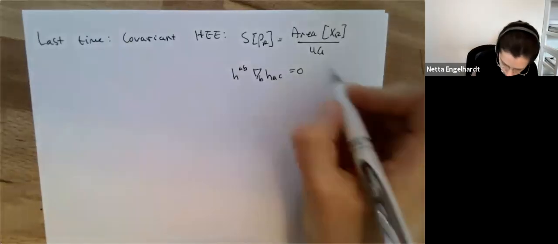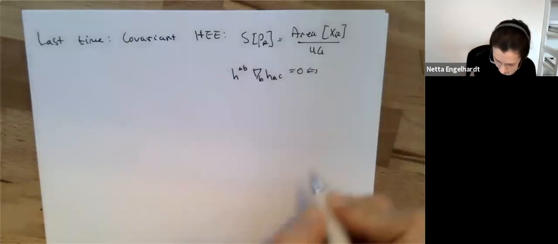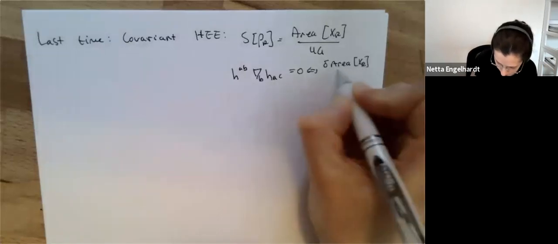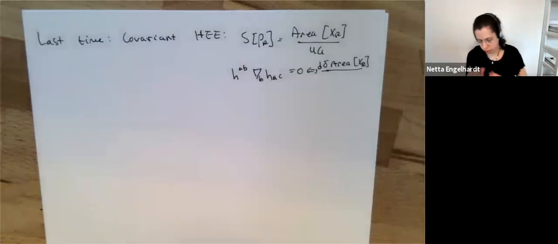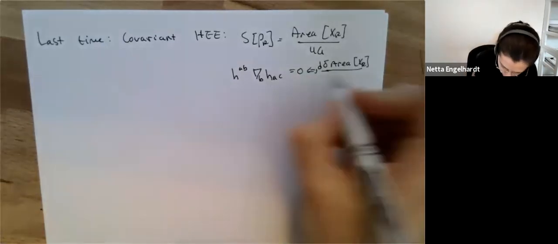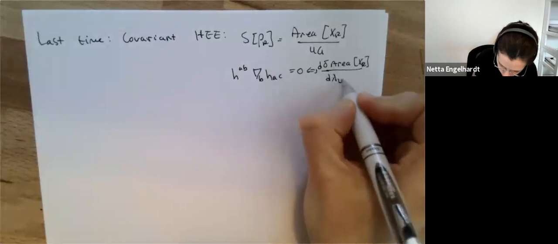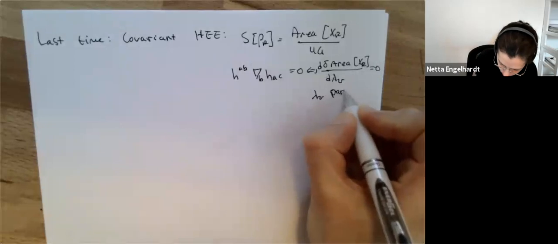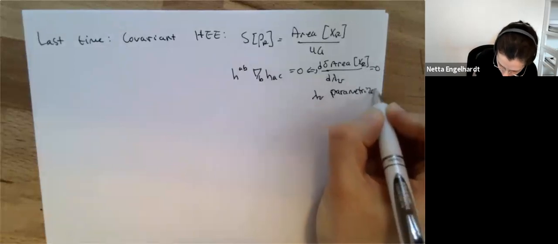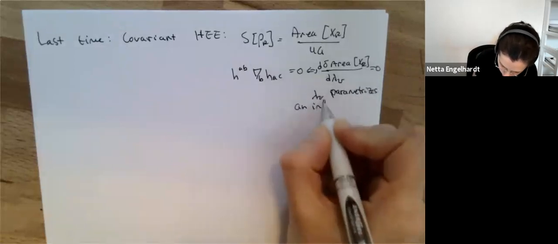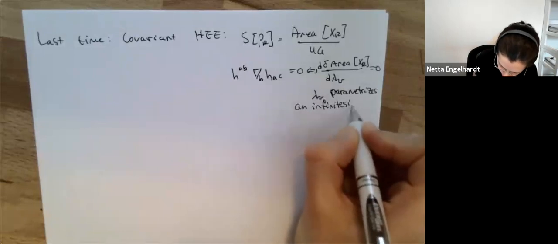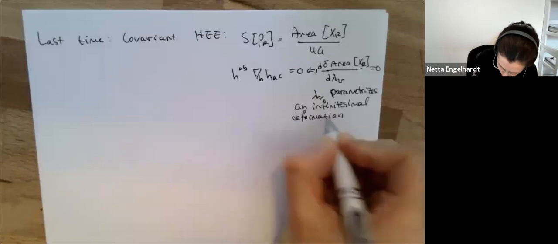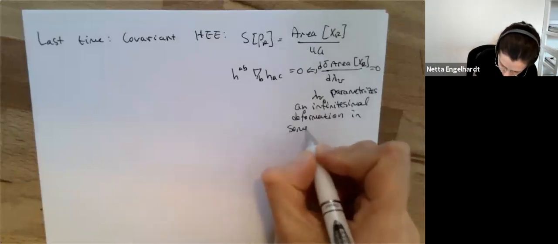Or equivalently, you could say that the variation of the area of X_R, the infinitesimal variation d lambda_v, equals 0, where lambda_v parametrizes an infinitesimal deformation in some normal direction v.